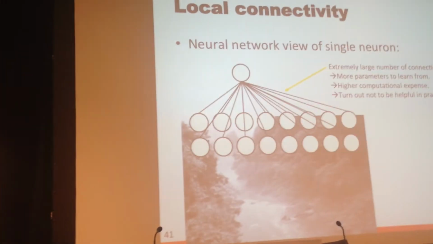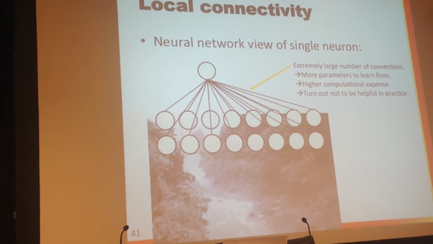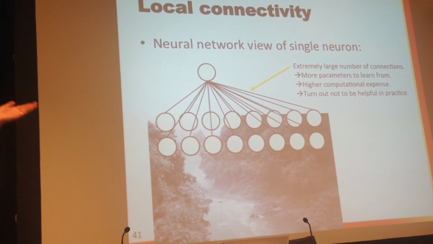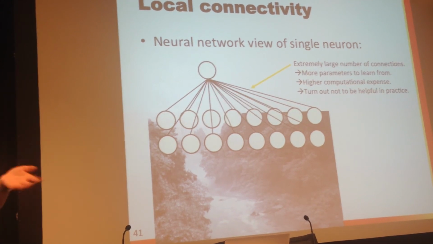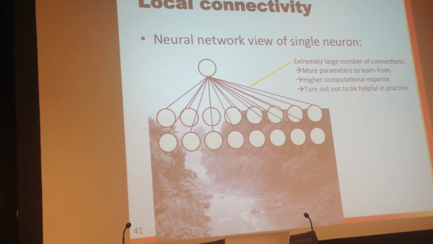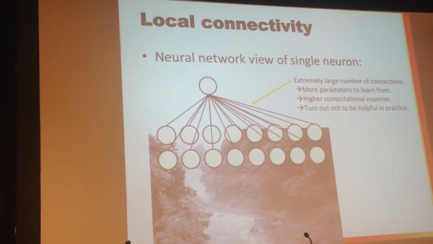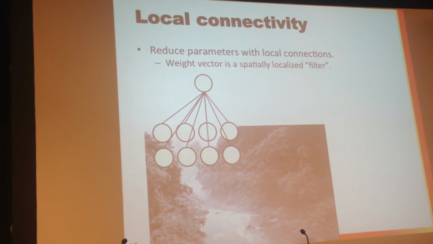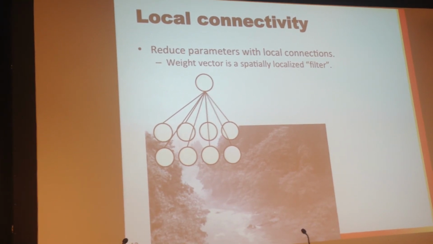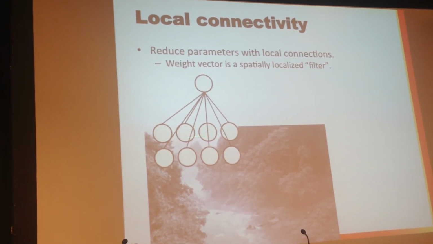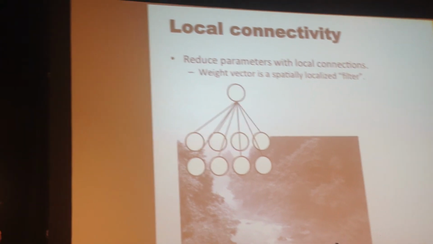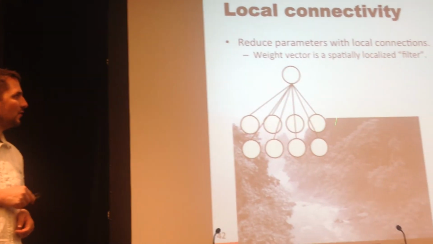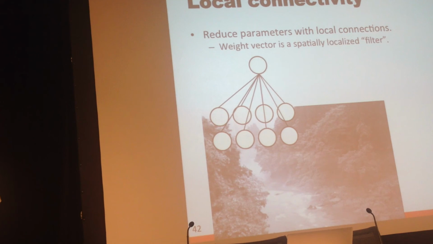Aside from the computational problems, these things are really hard to train. You need a lot of data to estimate 1,000,000 parameters. So it would be really nice if we could get rid of a lot of these. In practice, you can throw away huge fractions of the connections by saying that each neuron should just look at one little local region. Maybe I have some more neurons next door, and they look at some other region of the image.